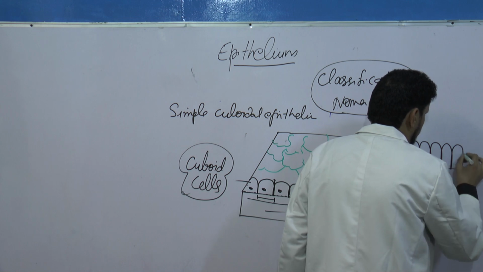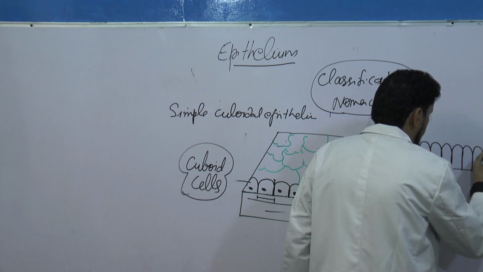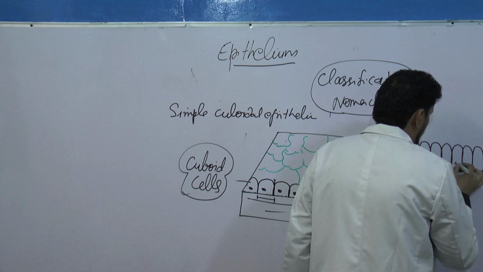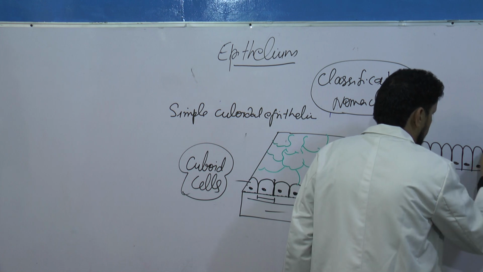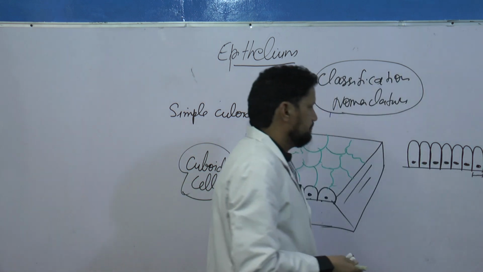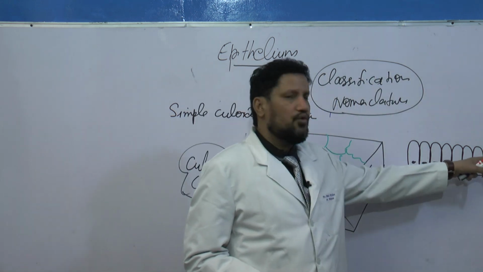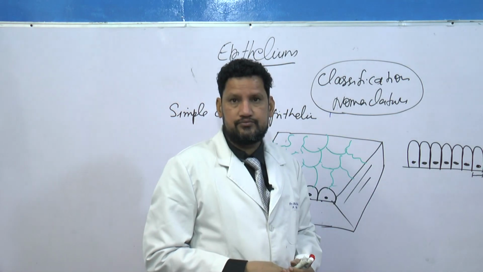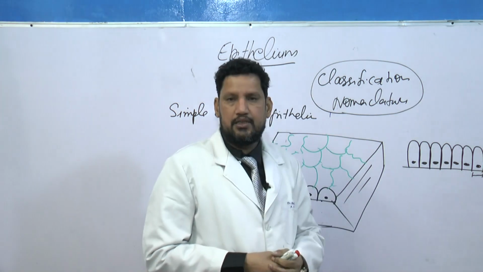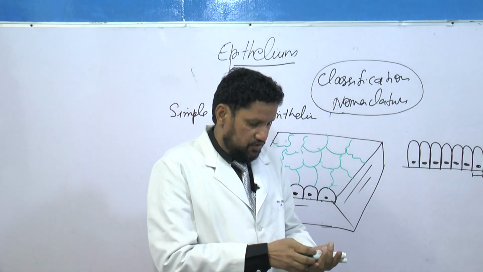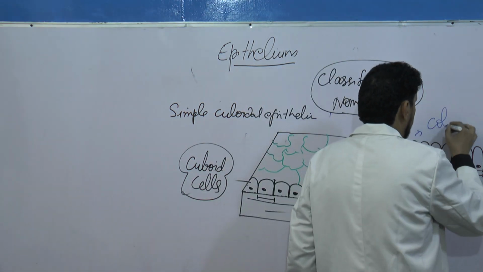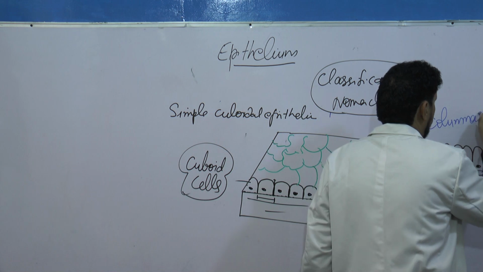This is the height and this is the breadth or width of the cell. When it is 2 to 5 times more than the width, this type of cell in epithelium is known as columnar, because these are column-like. Columnar epithelium.